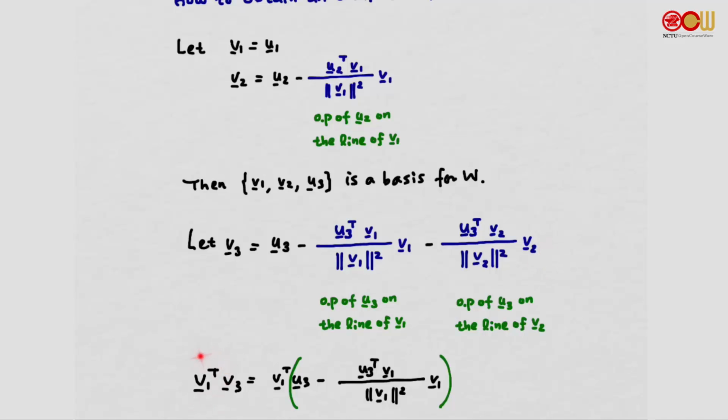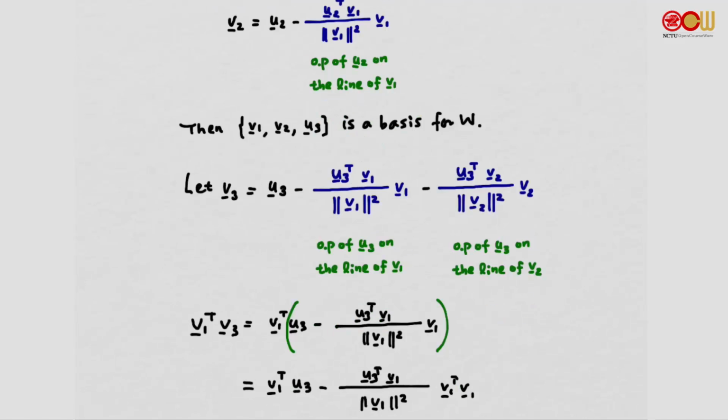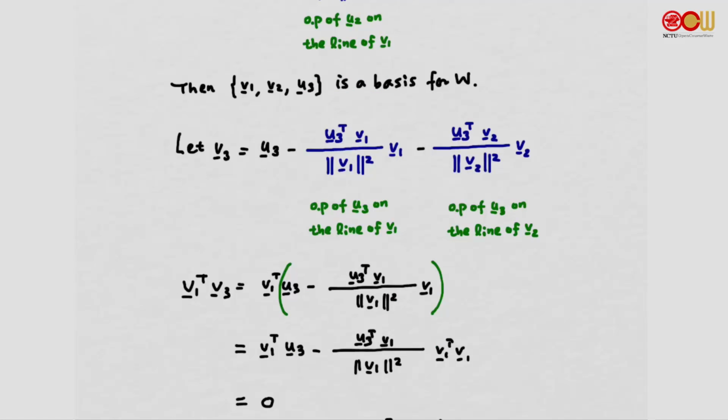Because V1 is orthogonal to V2 already, so we don't need to keep this term anymore. And then this term is actually U3 with the orthogonal projection of U3 on the line of V1 subtracted, so it's orthogonal to V1. And we can verify that it's indeed 0, like what we had done before.